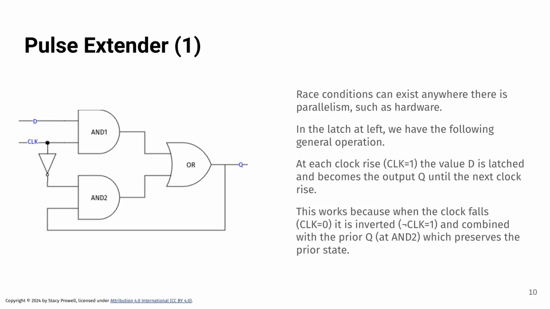So let's consider this little circuit over on the left. This little circuit is kind of a sort of half of an SR latch. You could think of it as a pulse extender. So I've got my input D, and I've got a clock signal over there, and I've got an output Q. And the basic operation is that I set D, maybe I set it high, maybe I set it low.